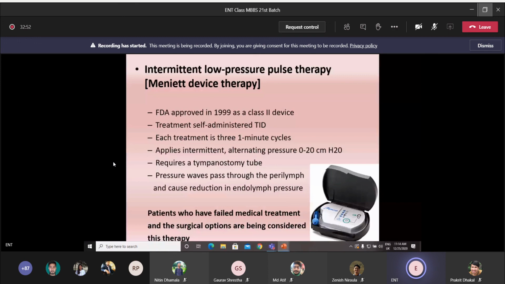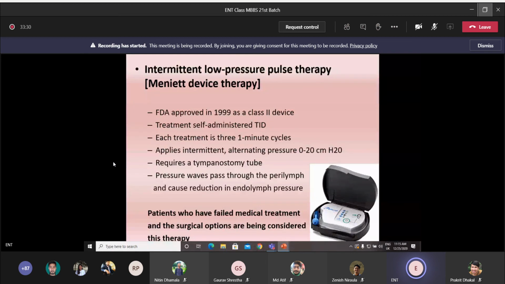You can use it 3 times daily, and each treatment is 3 times 1 minute cycle, and it applies intermittent alternating pressure of 0 to 20 centimeters of water. So in order to give this pressure, you need to put in a grommet, and through this tympanostomy tube this pressure can be applied. So first you need to put in a tube, and the pressure wave passes through the perilymph, and it can cause a reduction in the endolymphatic pressure.